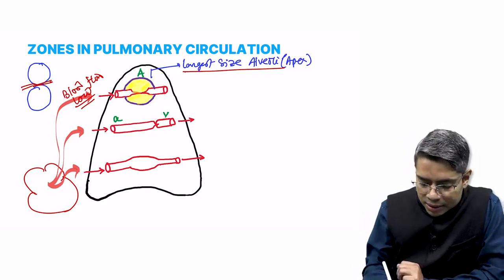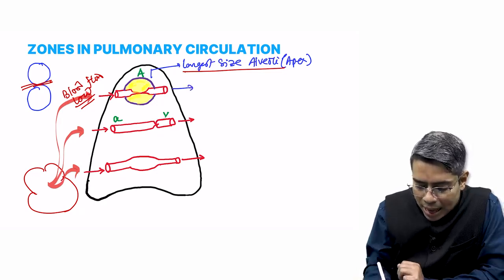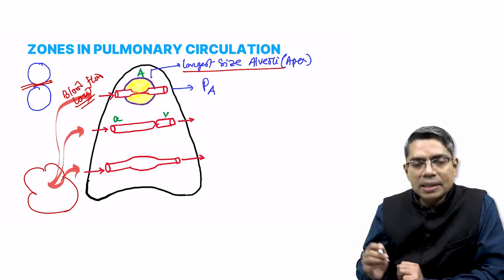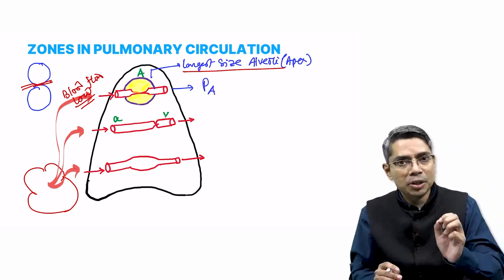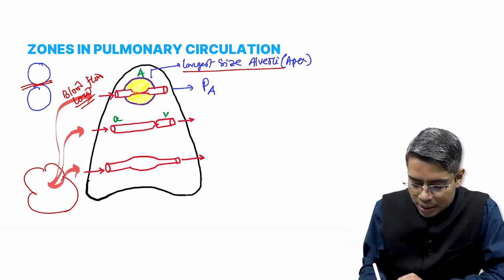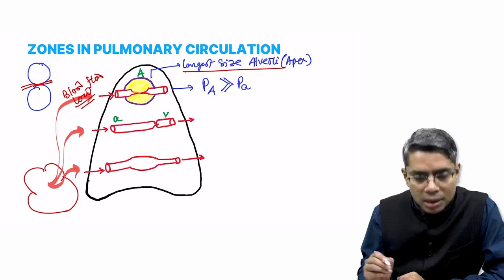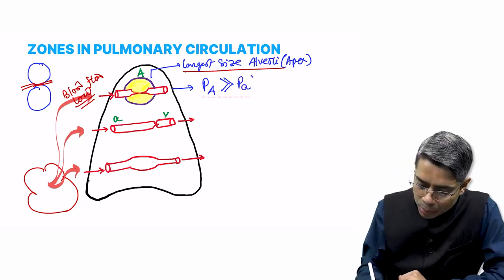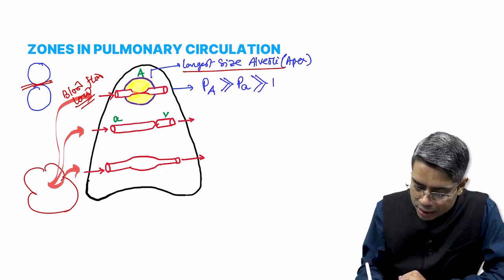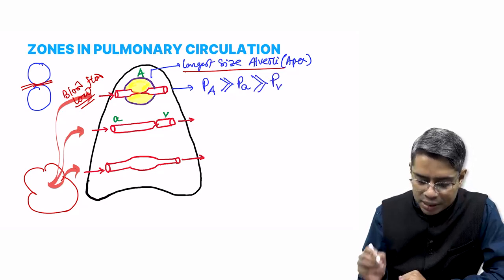Because in this region, the apical most region, the alveolar pressure, P capital A, because of the stretching of alveoli, is very huge compared to the pulmonary artery pressure, and pulmonary artery pressure is greater than pulmonary venous pressure.